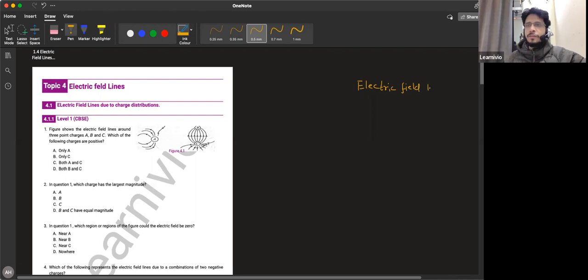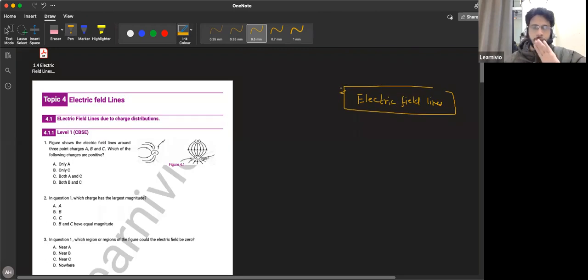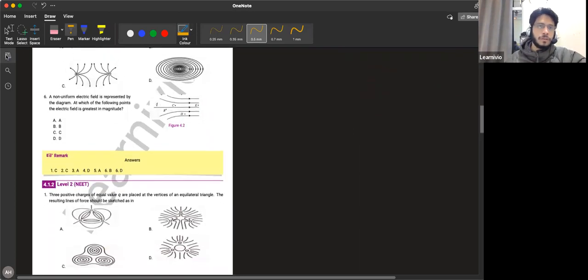See, electric field lines is an easy topic. I don't want to discuss it here. Just have to draw the field lines for various types of charge configuration. That's it. So if you go through the class notes, all systems for which we have drawn these electric field lines are more than enough for your coming exams. So usually you don't get tricky questions from electric field lines. So I will not be discussing this here.